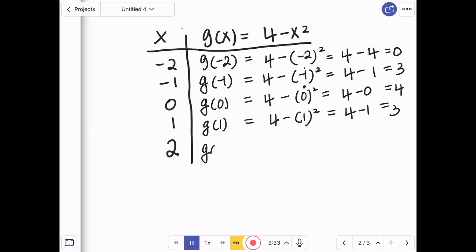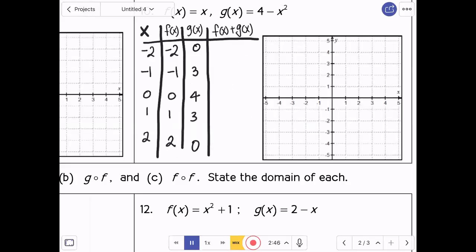And g of 2 is 4 minus 2 squared, 4 minus 4, which is 0. So now we have the values of f of x and the values of g of x. Based on this, you are going to find f of x plus g of x.